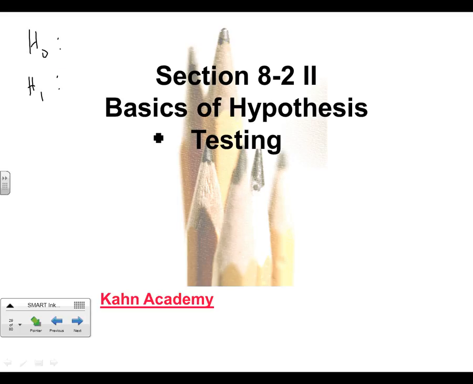What symbols are used in the null hypothesis? Yeah, it has to be equal to some number. And where does that number come from? What's that called that we're testing? Yeah, the number that comes from the claim.